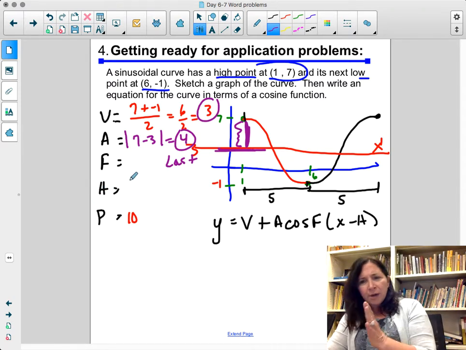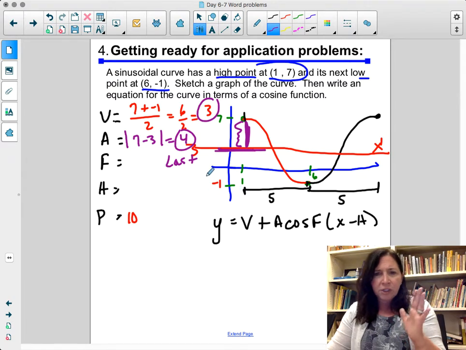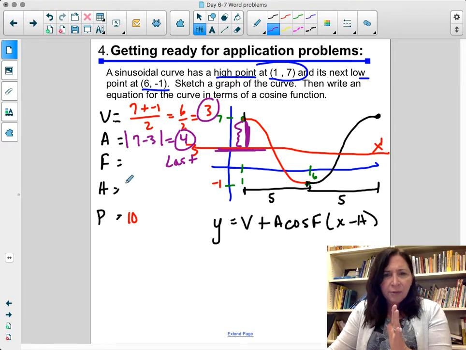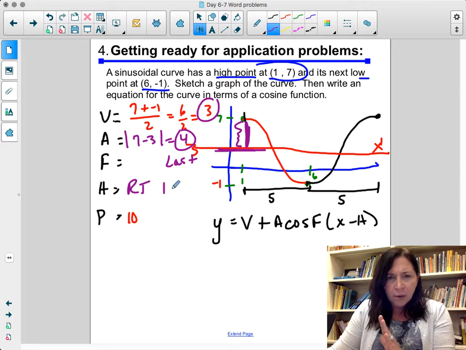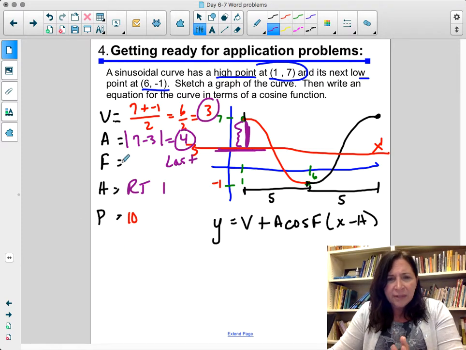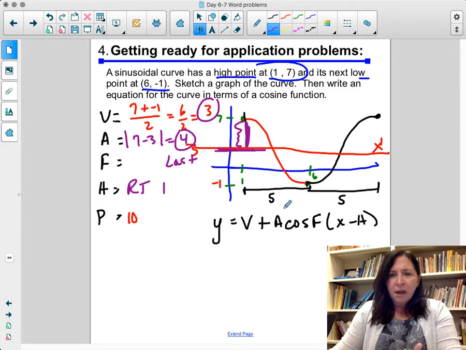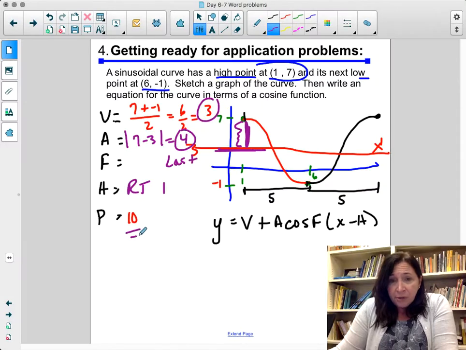Have I moved my graph left or right? And it looks like I've moved my graph over. It shifts over to 1. So this means that here at right 1, that's my horizontal shift. Now, lastly, I'm going to look for my frequency. Now, the frequency of my graph is basically based off of my period. What you need to remember is that the period is equal to 2 pi over your frequency.